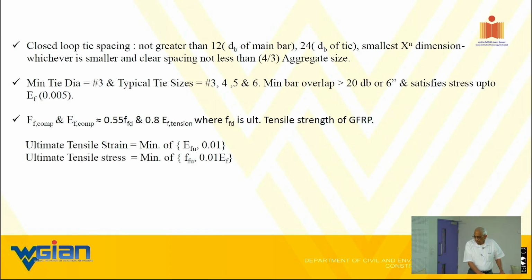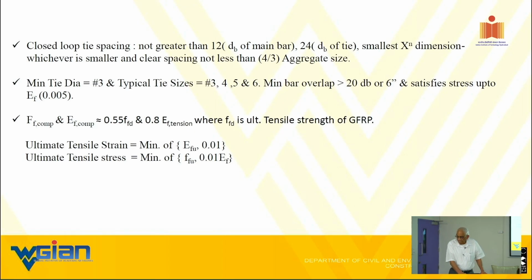Actually, we have tested this compression bar, only one single bar, with different L by D ratio. With L by D ratio 10, we observe that the E value is coming very low. Since it is higher, we are calculating from load deformation, right? So buckling issues will come. But in concrete, it will not happen. That's exactly my point.